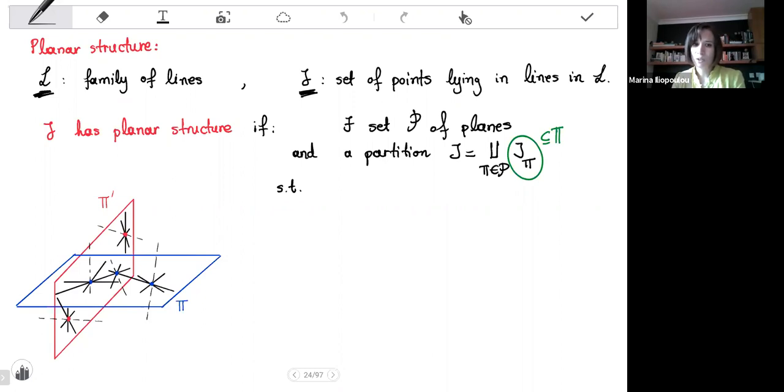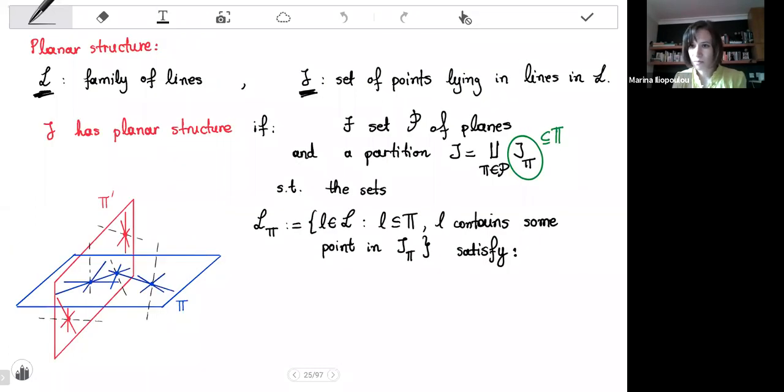So first of all, I look at all the lines in the blue plane that contain blue joints, so that participate in incidences for the blue joints of that plane. So those blue lines are responsible essentially for all the incidences for the blue joints. So this is what it says.